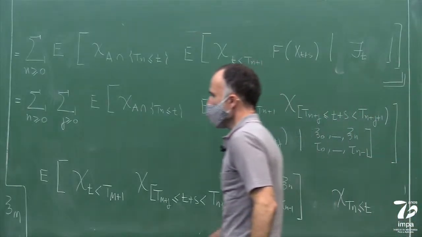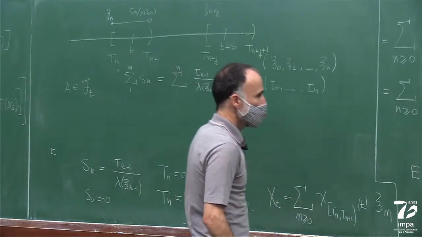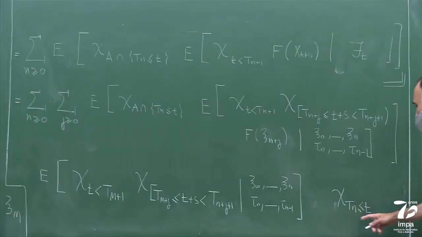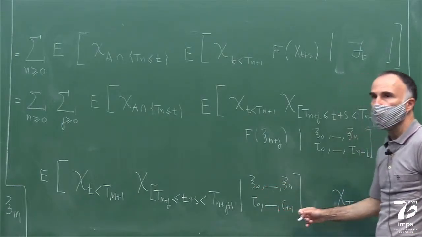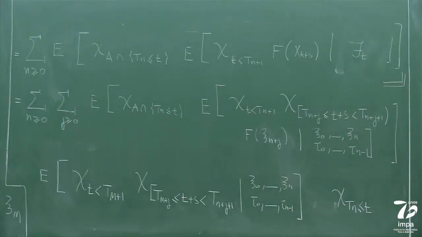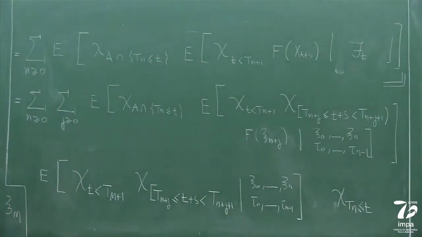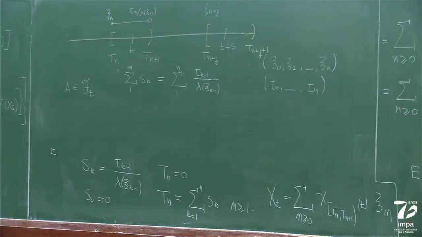So t is exactly in this interval. Because tn, well, tn is measurable with respect to these objects by its definition, right? Because it involves only up to tau n minus 1.